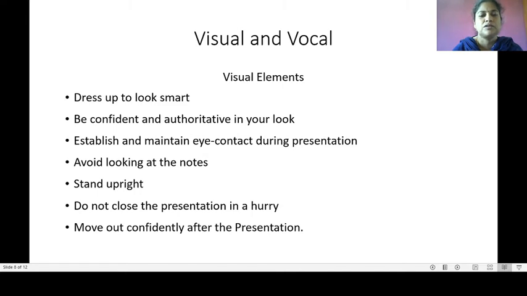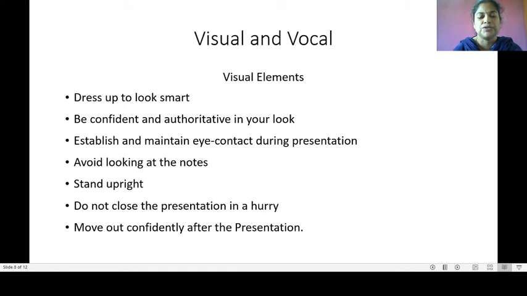The person should have an authoritative look, and that gives confidence in the presenter.